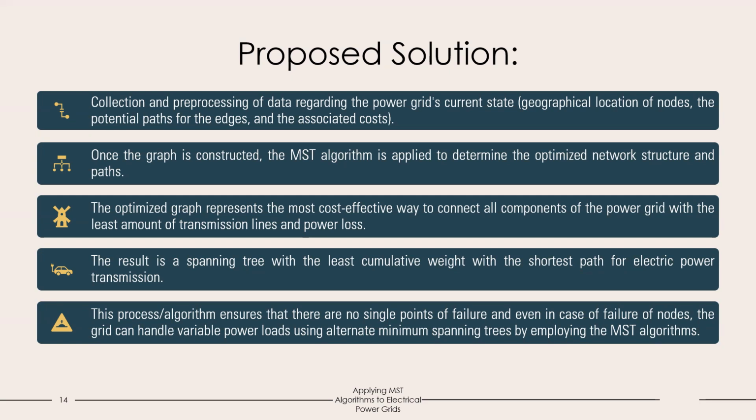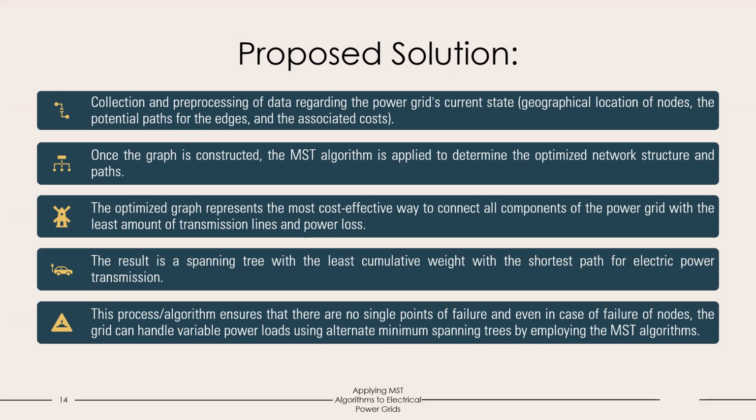Once the graph is constructed, it can be converted to a computer science algorithmic problem where an MST algorithm can be applied to determine the optimized network structure. And once the optimized network structure is obtained, since the minimum spanning tree gives the least weighted edges connecting all the nodes within the graph, this is a cost-effective way to transmit power from any node in the graph.